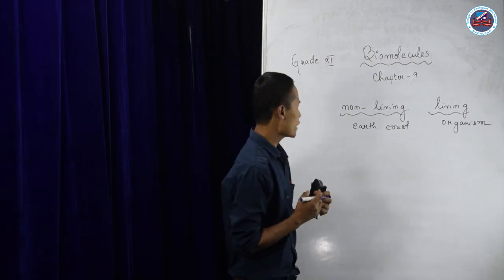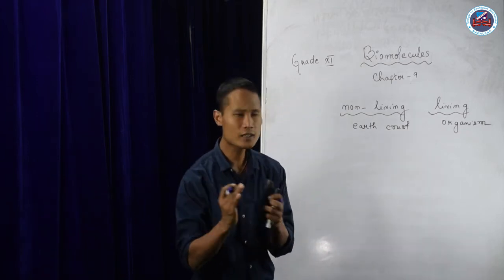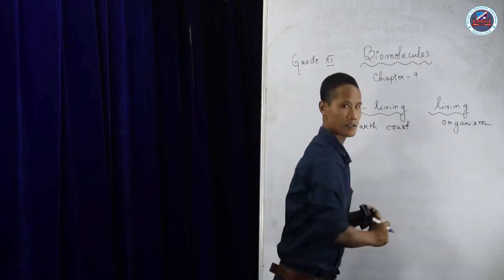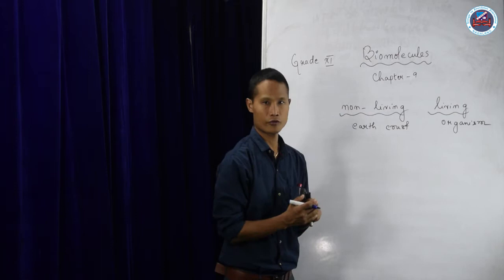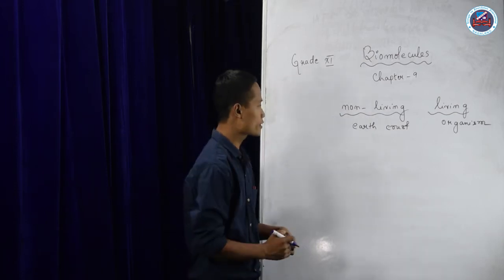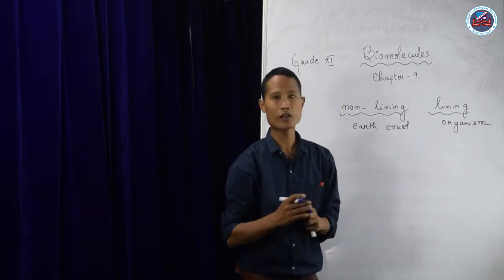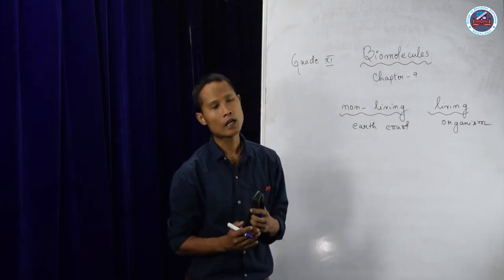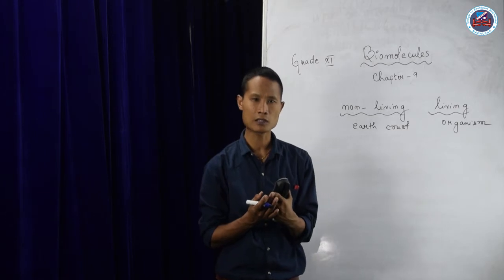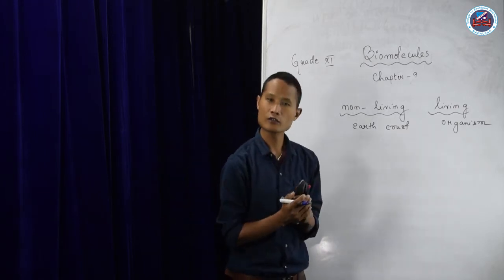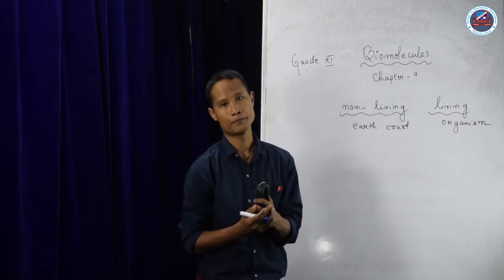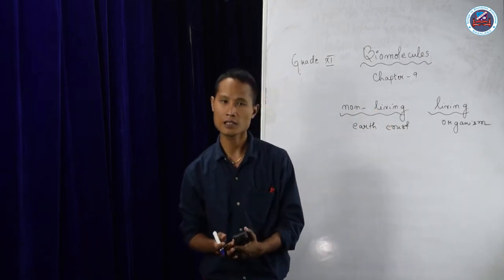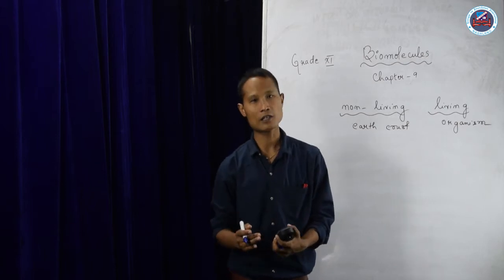So we have to know what is the difference between the non-living and the living organisms. What are they made up of, what is the composition in the earth crust, or the composition of living organisms? After performing various experiments and analyzing, it is found that the composition of the earth crust and the living organisms are almost similar.